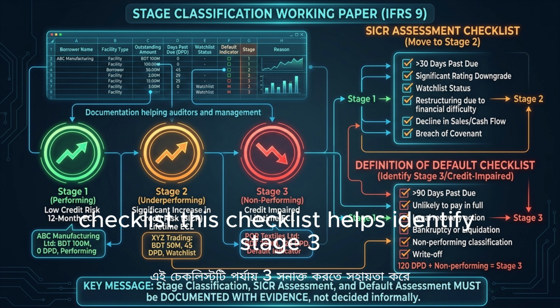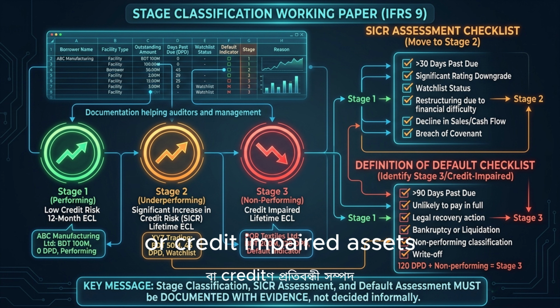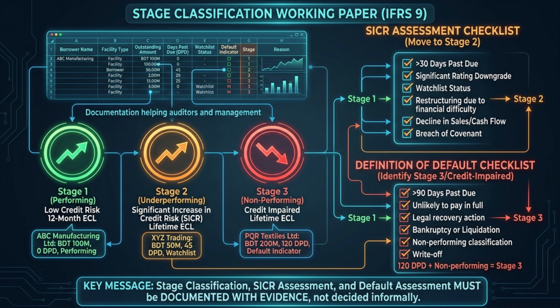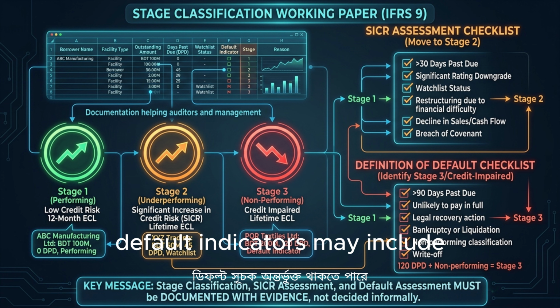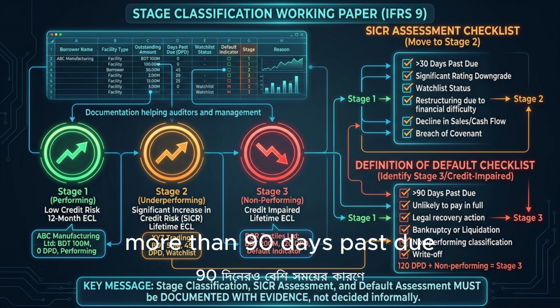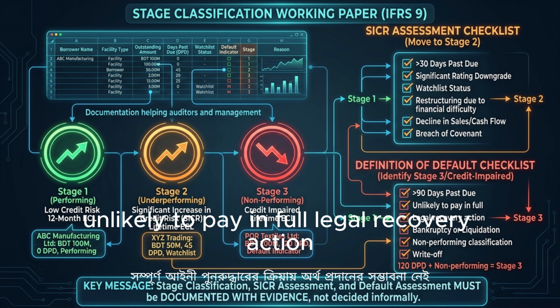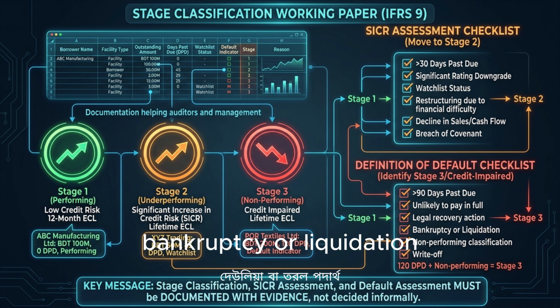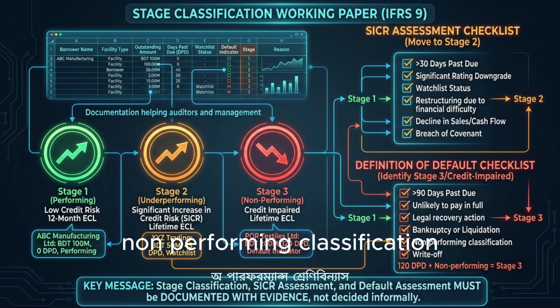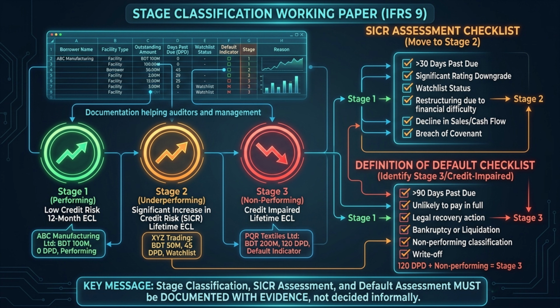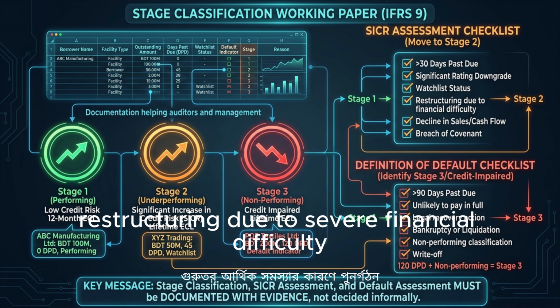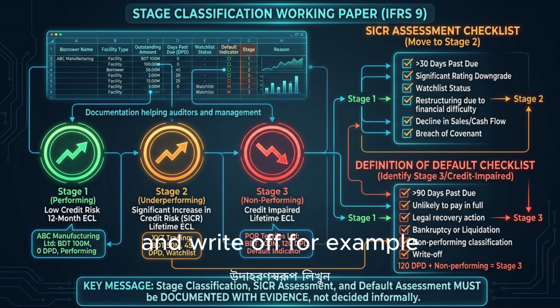This checklist helps identify Stage 3 or credit-impaired assets. Default indicators may include more than 90 days past due, unlikely to pay in full, legal recovery action, bankruptcy or liquidation, non-performing classification, restructuring due to severe financial difficulty, and write-off.